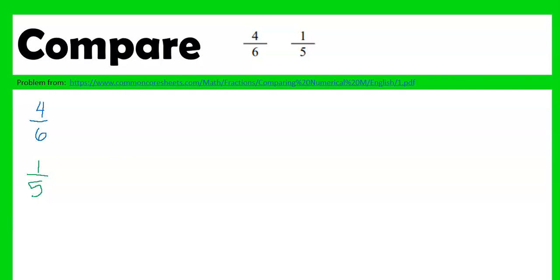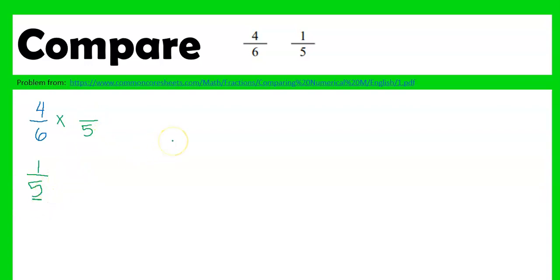I can either look for my least common multiple of the numbers 6 and 5, or what I can do, which a lot of times is the same thing as the least common multiple, I can multiply this 4/6 by a fifth, or by the bottom number, which would be a 5 from this number right here.